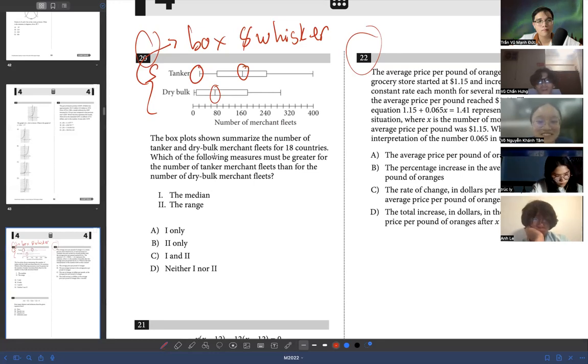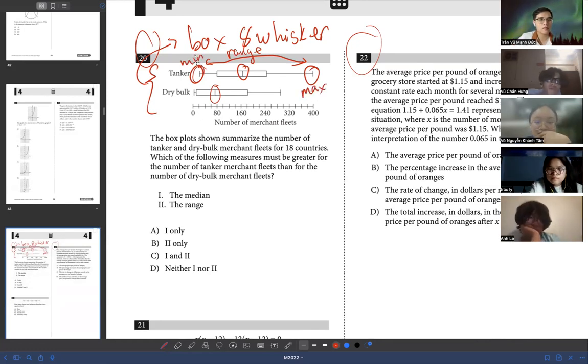How about this one? So if I say this is the range, what's this one? The minimum. Exactly. And how about this one? The maximum. Exactly.